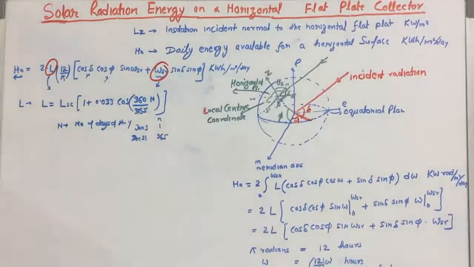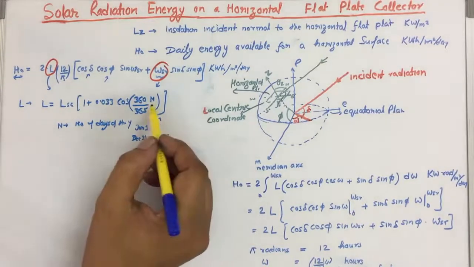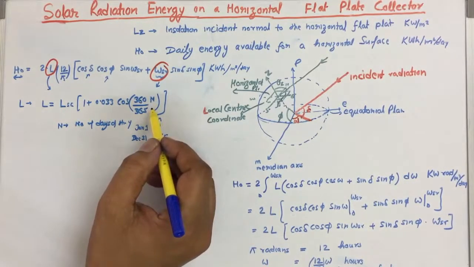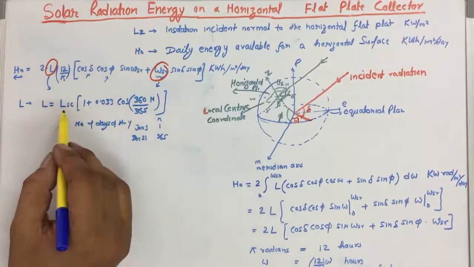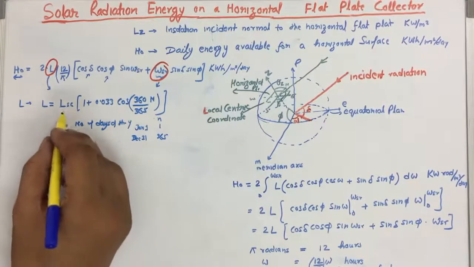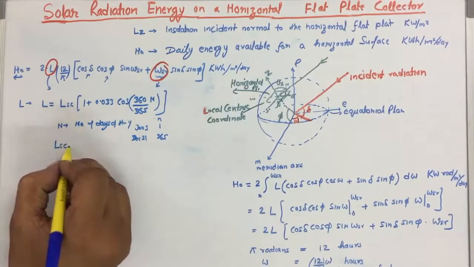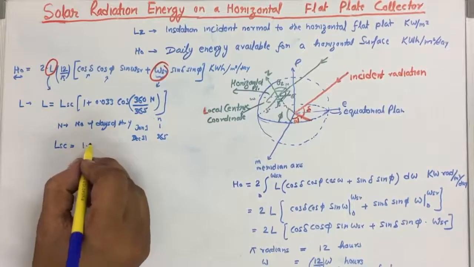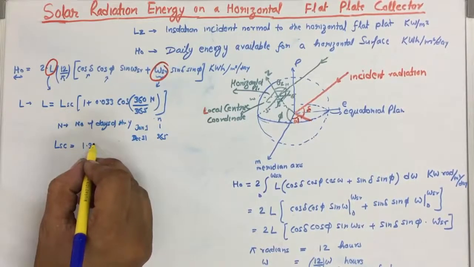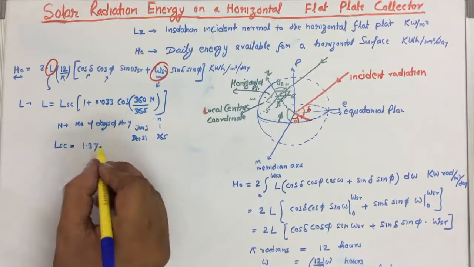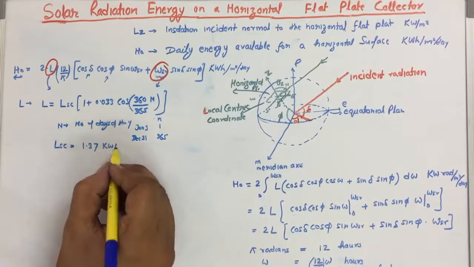So in this way we can find the value of n, the day for which we are trying to find the energy in the solar radiation, and LSC, the solar constant, is a known term. The solar constant is already defined, I think, if I am right, 1.37 kilowatt per meter square.